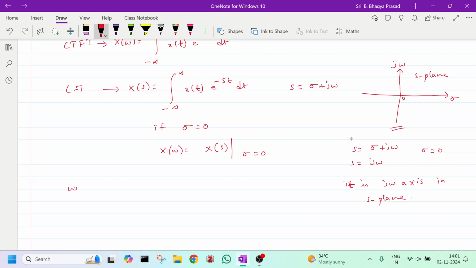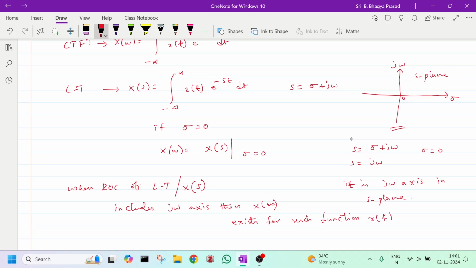So when the ROC of the Laplace transform, or X of s, includes the j omega axis, then X of omega exists for such a signal or such function x of t.